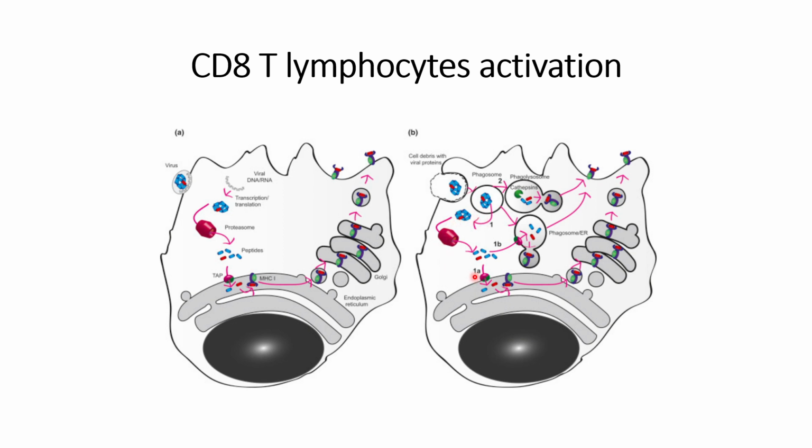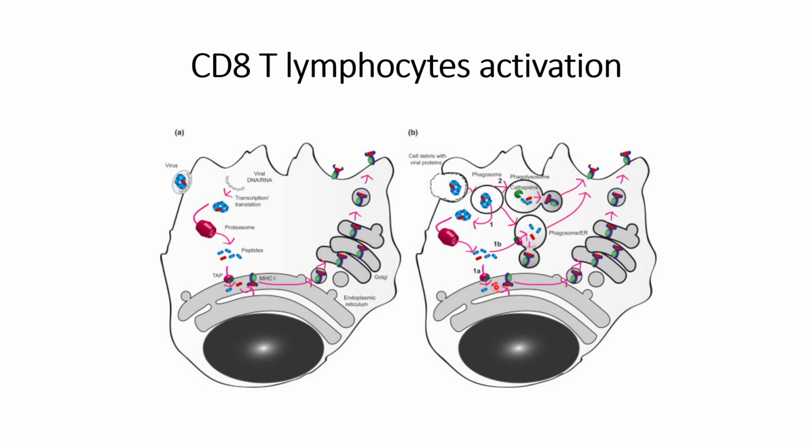The first one is the same process as occurs in the first case: the translated viral protein gets digested with the help of the proteasome, and then the peptide interacts with TAP present in the endoplasmic reticulum. The antigen of this viral protein then interacts with the major histocompatibility complex 1, which follows the secretory pathway through the Golgi and expresses itself on the cell surface.